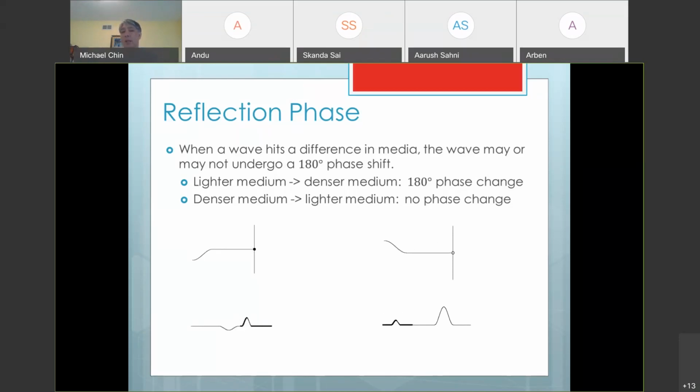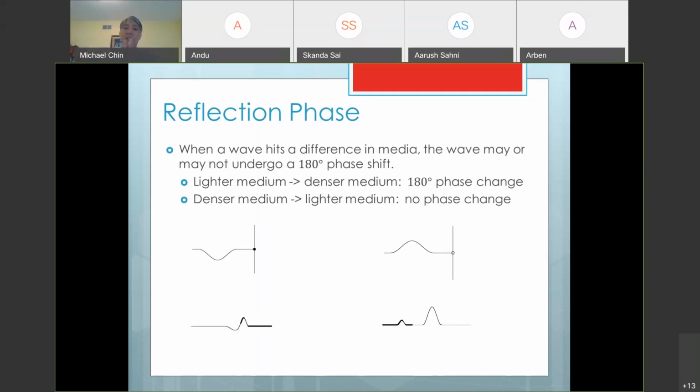Instead, it's a matter of just the action of the free end of the rope, and so it still gets reflected. That reflection sends it back on the same side, so there is no phase change associated with this when it goes from a dense medium to a lighter medium.